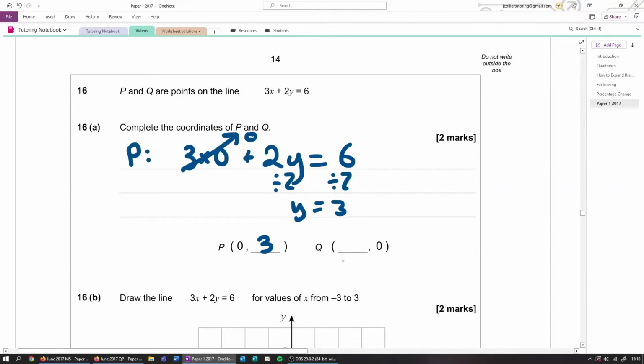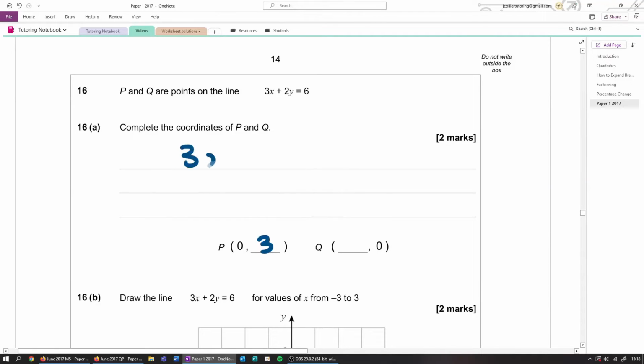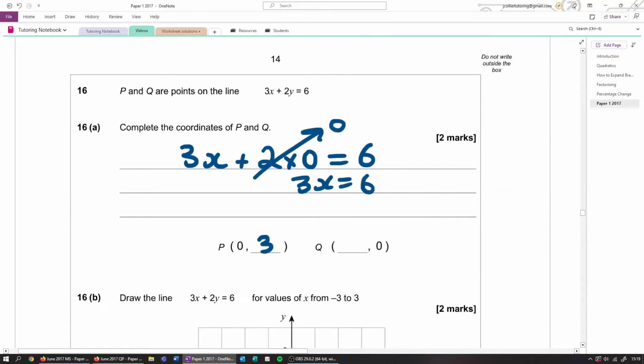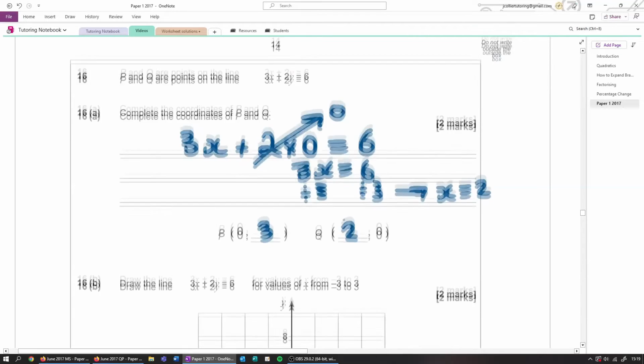Now for the next one, Q is when x is something we don't know and y is 0. So let's set y to be 0. Well, this goes to 0 and we're left with 3x is 6. Divide both sides by 3 to get x is equal to 2. Okay?